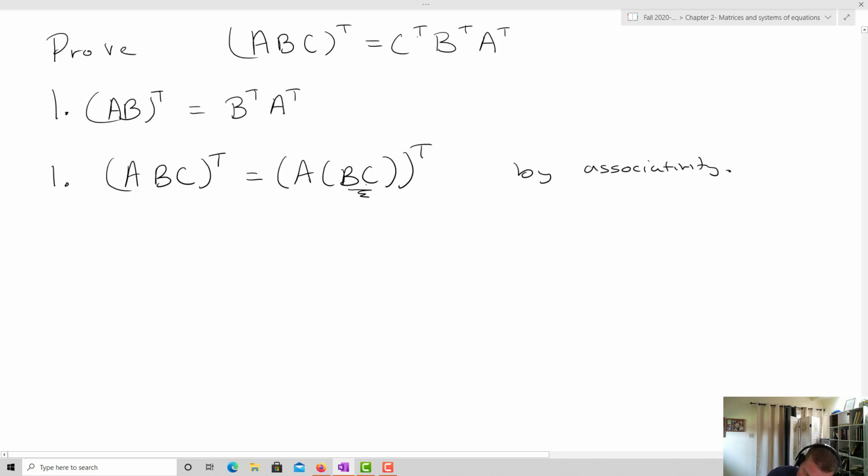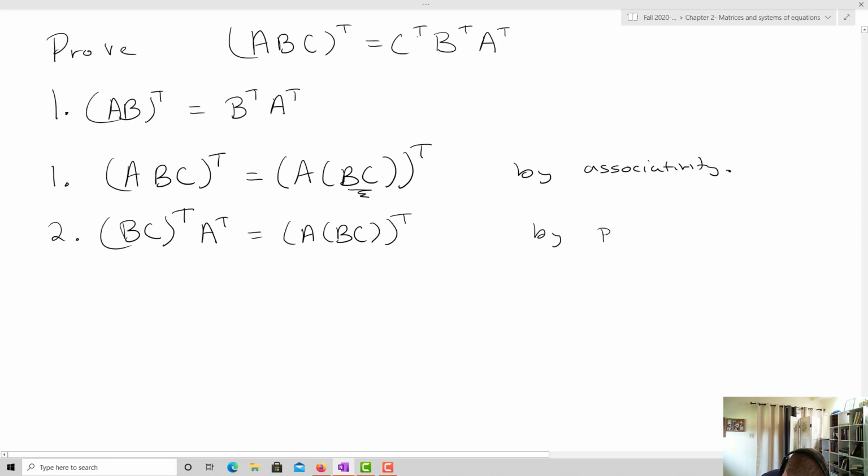Now if we think about that, that's actually going to be (BC) transpose, and that's together. Notice we didn't actually separate it out. We're just going to say (A BC) transpose is going to equal (BC) transpose times A transpose, and that's by a property of transposition. That's like distributing transposes over multiplication.